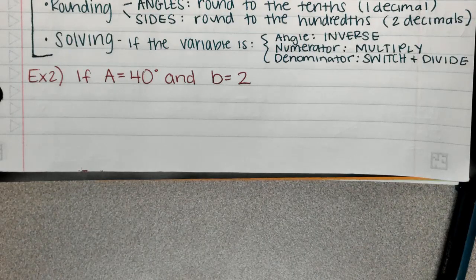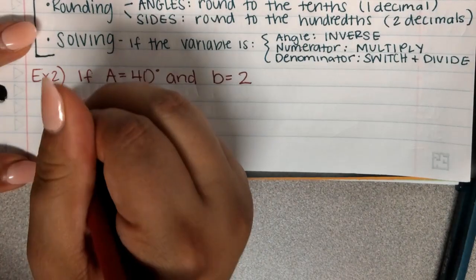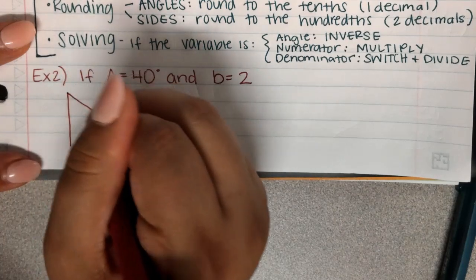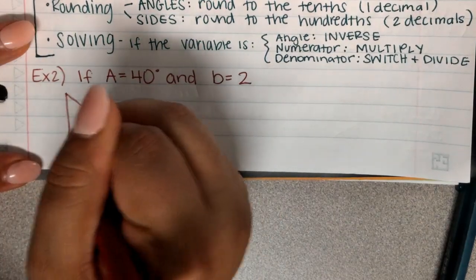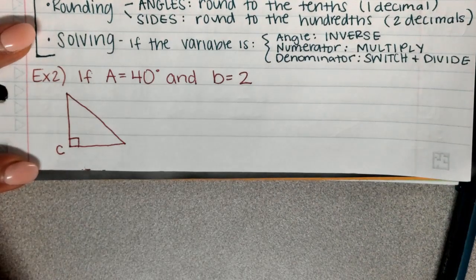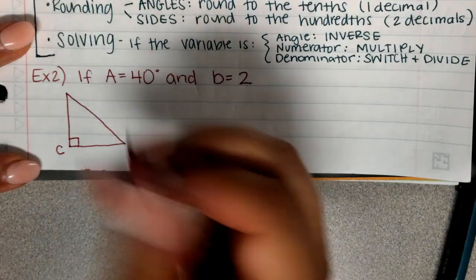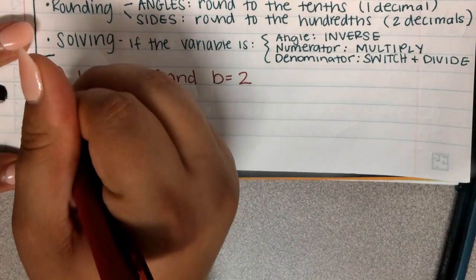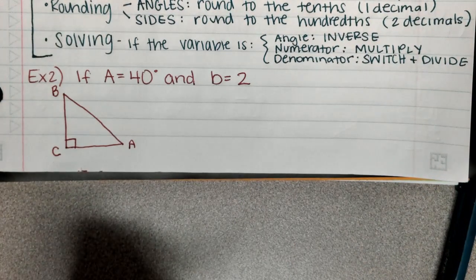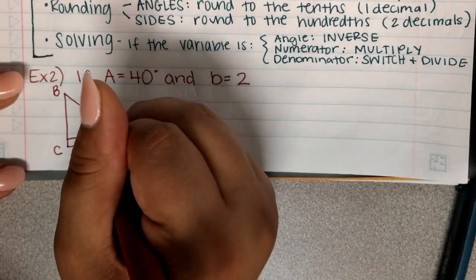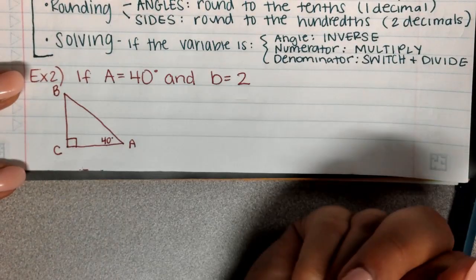What am I going to have to do? Draw a picture. Let's draw a picture. So what did I tell you about the 90-degree angle? Let's put C with the 90-degree angle. I don't care where you put A and B. I'm going to put it like this, but if you were to switch it, it's still correct. And I'm going to put 40 degrees right there.